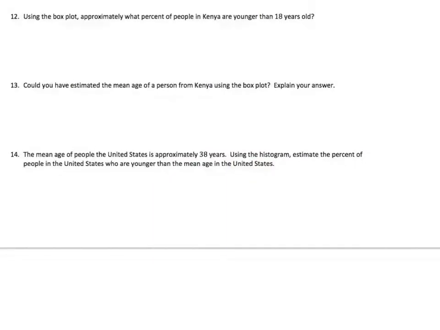Using the box plot, approximately what percent of people in Kenya are younger than 18 years old? I need to go back and look. If we look at the box plot, we're at about right there. That US one is not drawn to scale, and neither is that.